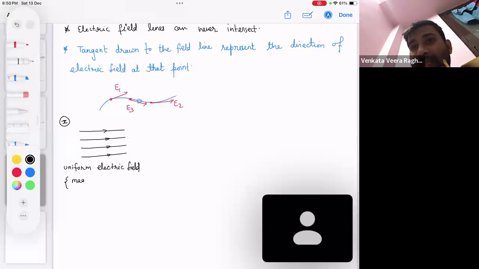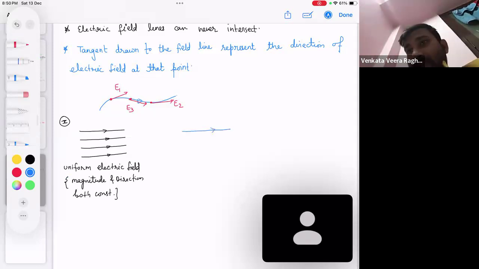It means magnitude and direction both are constant, right? Because you want a vector to be uniform, na? A vector can be uniform only if its magnitude remains unchanged and if its direction remains what? Unchanged.